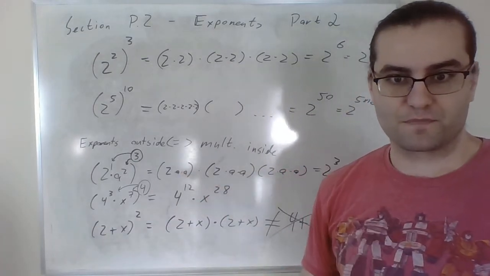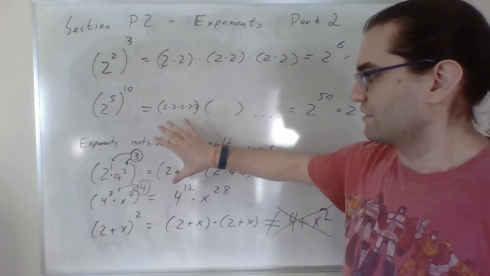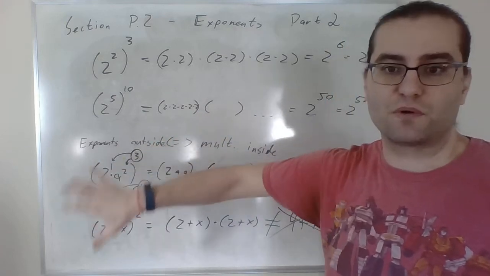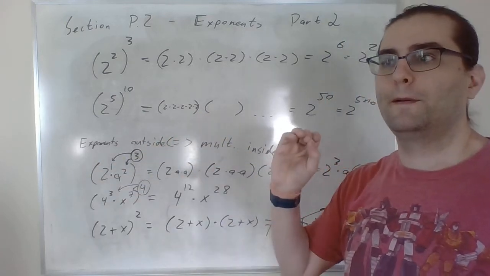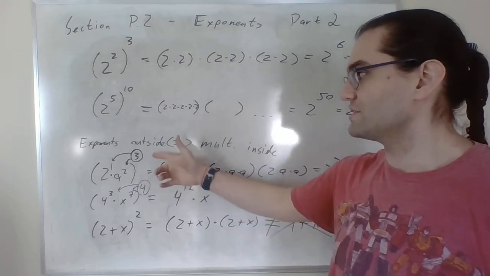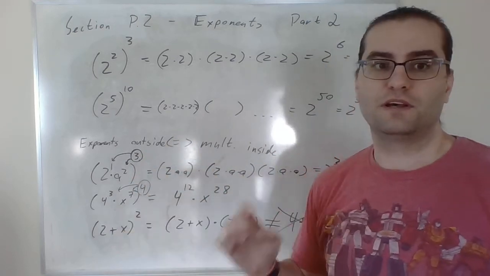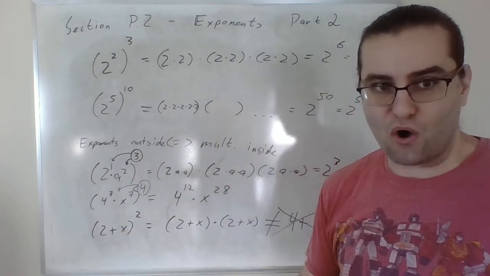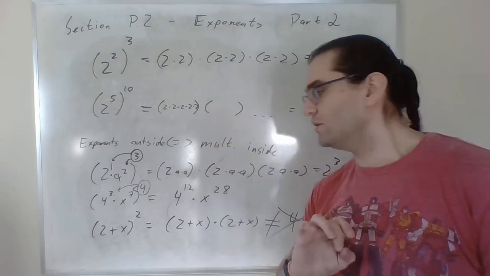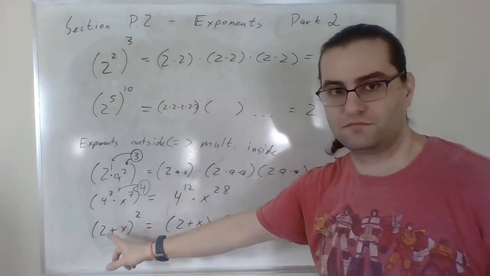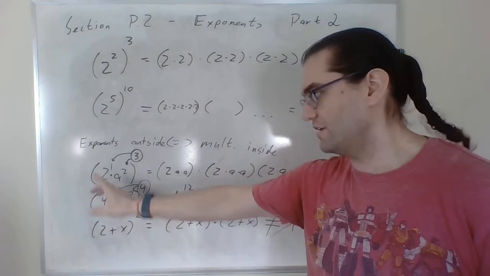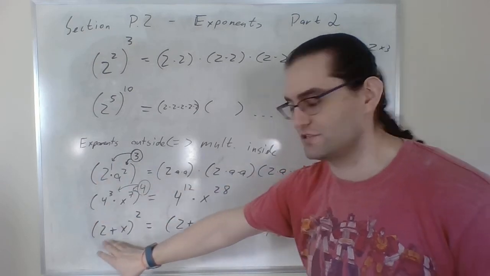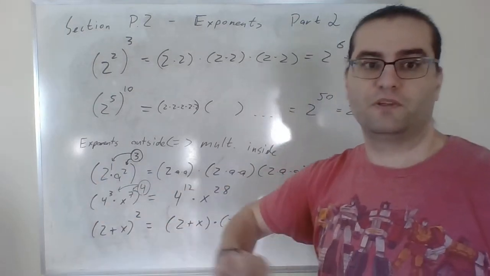That doesn't work. So I'm saying words like these exponents distribute. I will continue to say words like these exponents distribute. I always mean over multiplication. I never will say exponents distribute over addition because they don't.